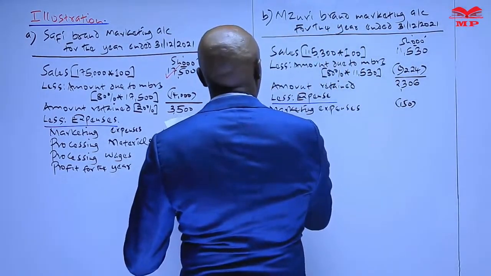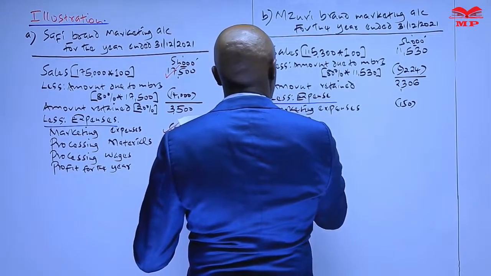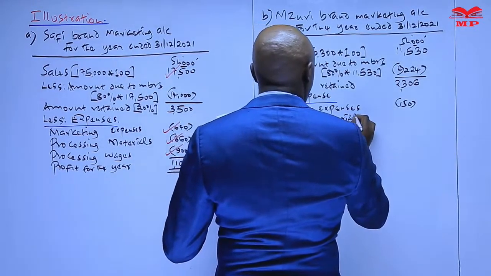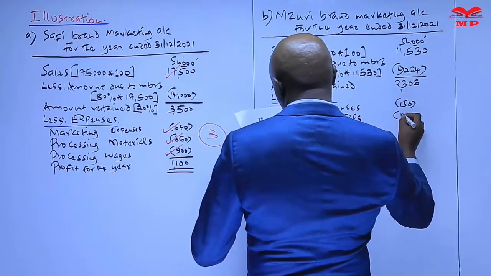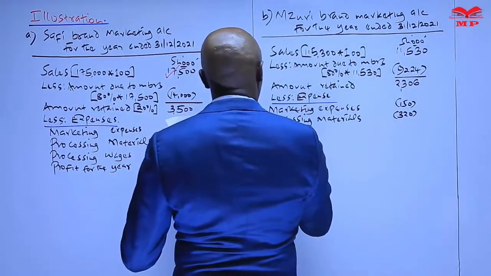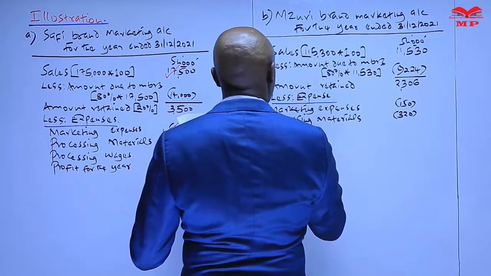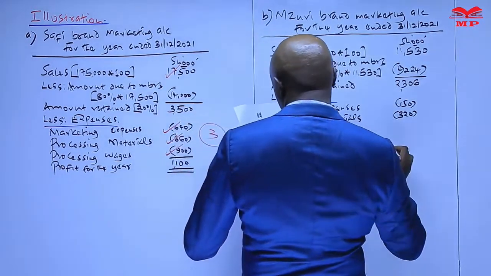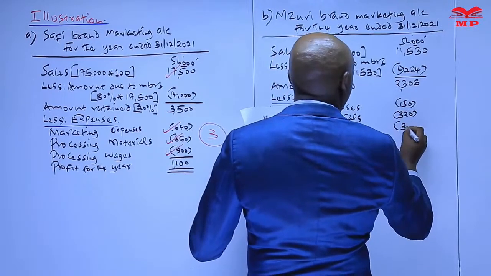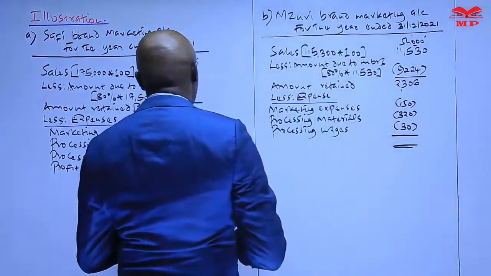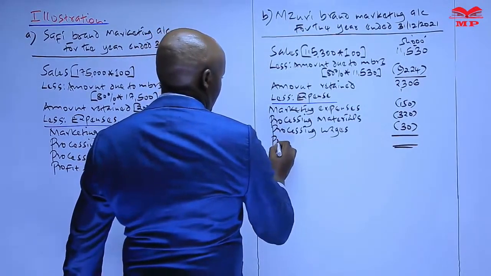And then we have processing materials, an amount of 320. And then we have processing wages, which is an amount of 30. Yes. And then from there, what we do, we get the profit for the year.